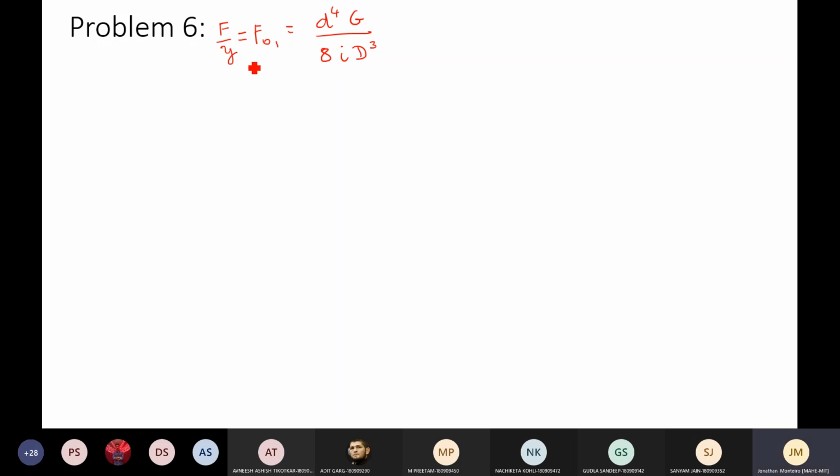We'll check whether it is readily available in your data handbook, or else you can just put one after the other. Yeah, it is already there. It is 11.7 here, page 170.